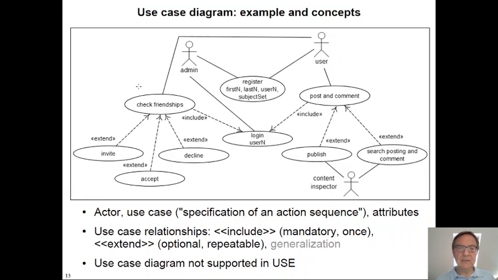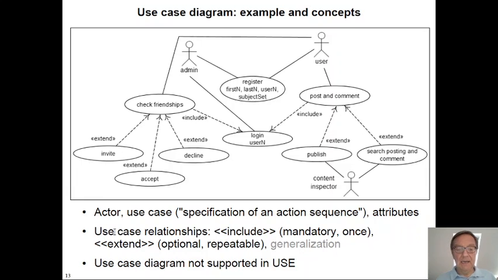This is a use case diagram that we can think of as applicable to our social network. In the use case diagram, one has actors, these are the stick figures here. There are use cases, these are the ellipses.